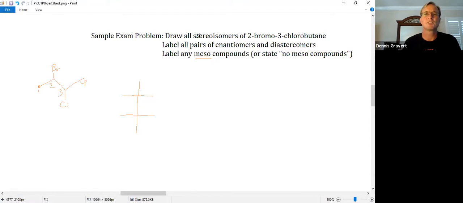You're told to look for stereoisomers, so you can correctly assume there are chirality centers. So where are they? Well, not carbon 1, there are 3 H's, and a chirality center has 4 different groups. It's not carbon 4, there are also 3 hydrogens. Hydrogens are identical to hydrogens, so this one's not chiral. Carbon 2 is, and carbon 3.